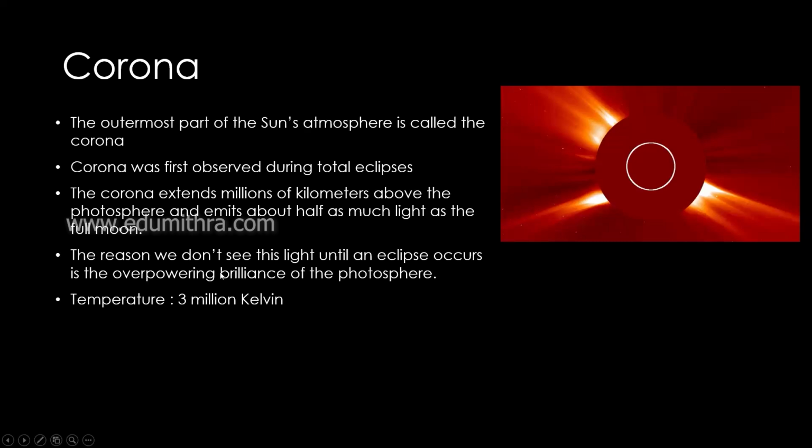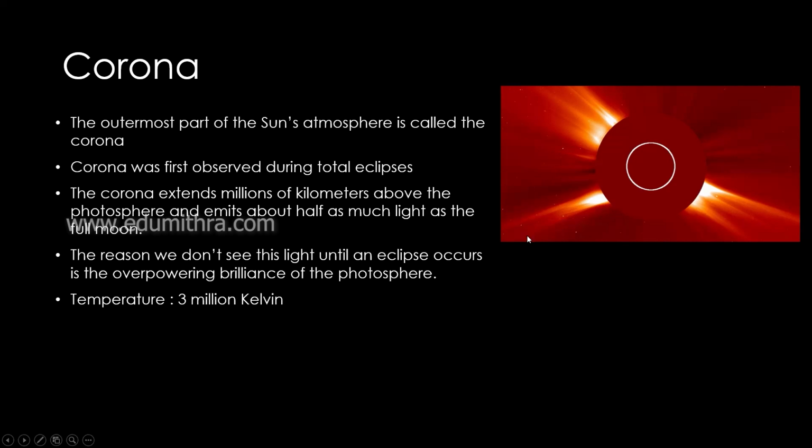Okay, usually we cannot see this because of the heavy light coming from the sun. But during an eclipse the sun is covered by the moon, so that we can see the corona. And its temperature is, you see, 3 million Kelvin.